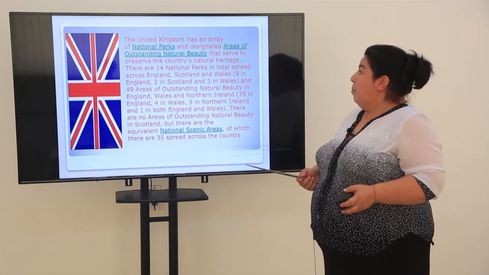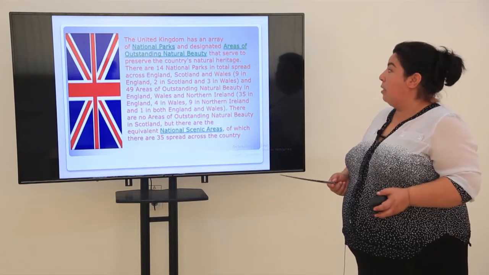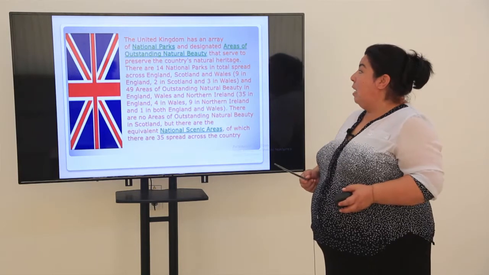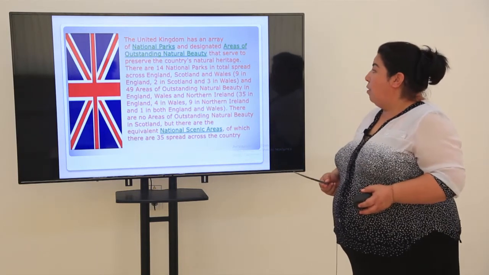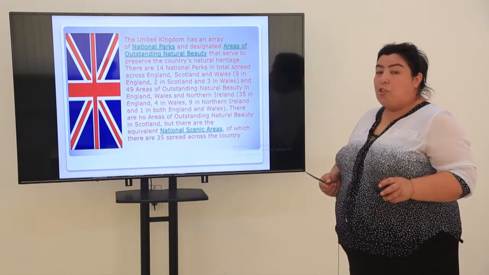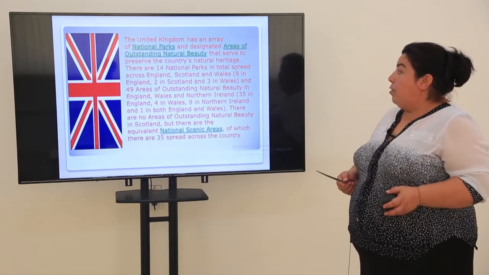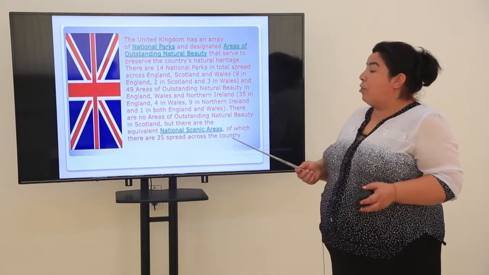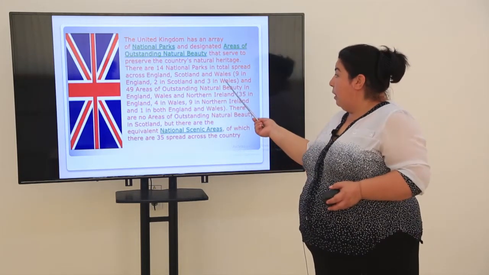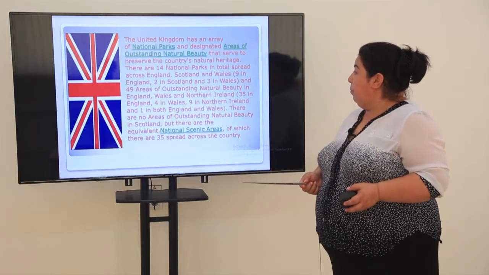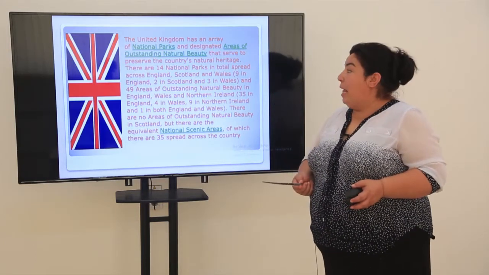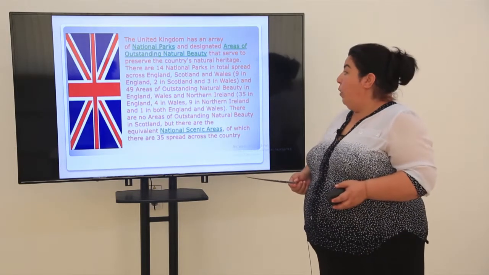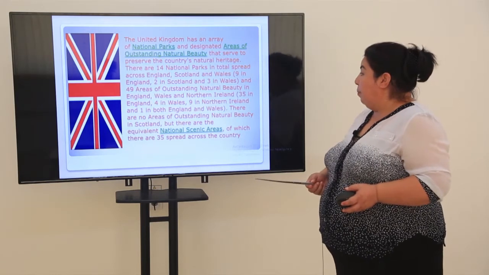The United Kingdom has an array of national parks and designated areas of outstanding natural beauty that serve to preserve the country's natural heritage. There are 14 national parks in total, spread across England, Scotland, and Wales, and 49 areas of outstanding natural beauty in England, Wales, and Northern Ireland.